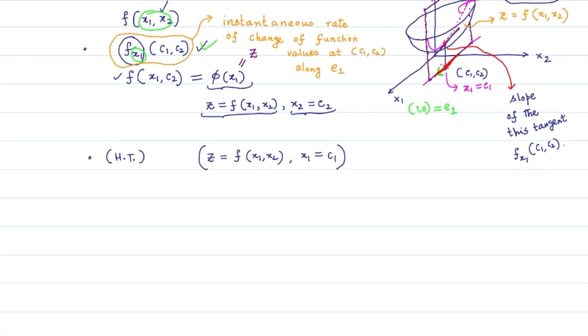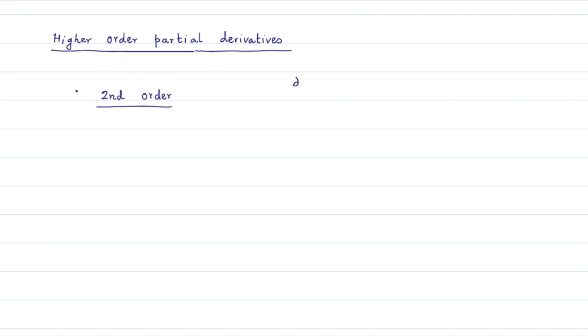Denotations of higher order partial derivatives are as follows. Let's suppose we have calculated the partial derivative of the function f with respect to, say, the jth variable, and then we go for calculating the partial derivative of this function with respect to the variable, say xi. This partial derivative is called a second order partial derivative of the function f. This is commonly denoted by del 2 f over del xi del xj.